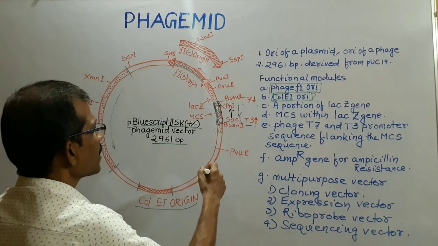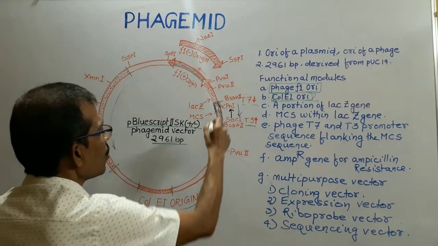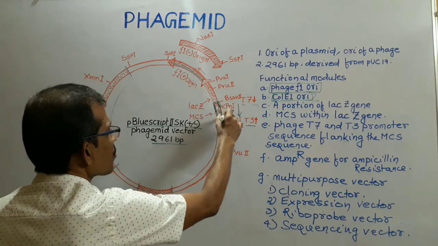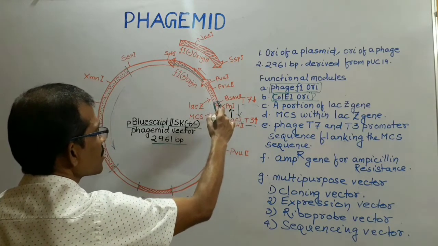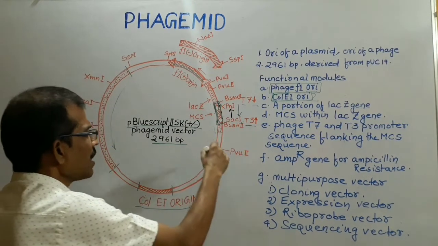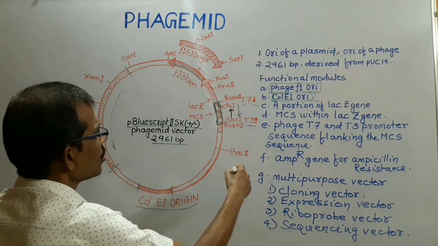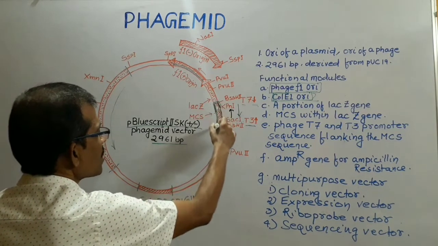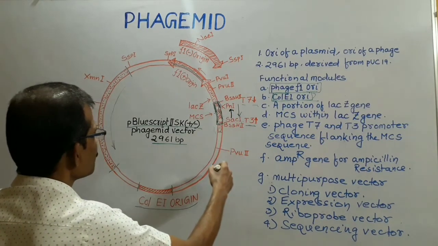The DNA insert can be integrated in a specific orientation within the MCS sequence by using two different restriction enzymes that generate two cohesive ends. The same two different restriction enzymes are also used to cleave the MCS sequence for integration of the DNA insert.